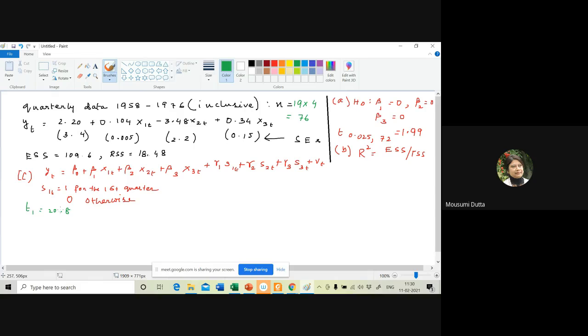So what will be the relevant t statistic with which we will compare the estimated t value?